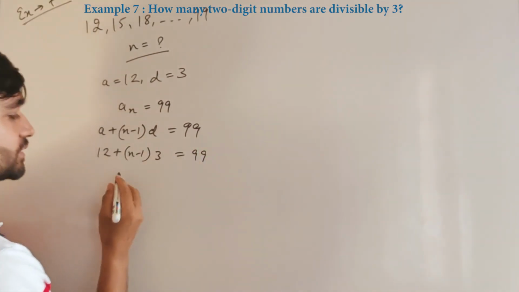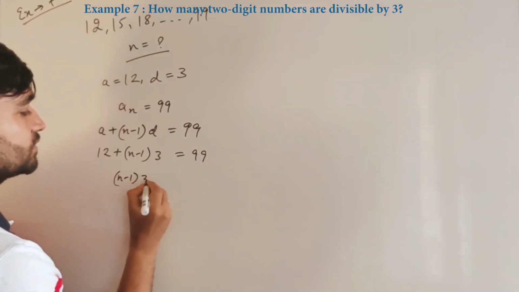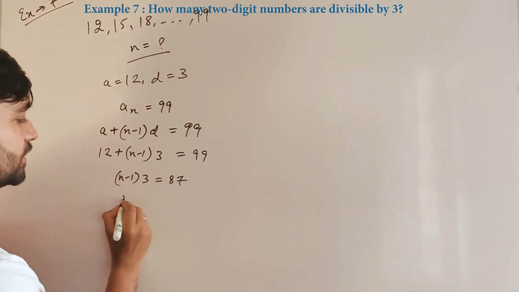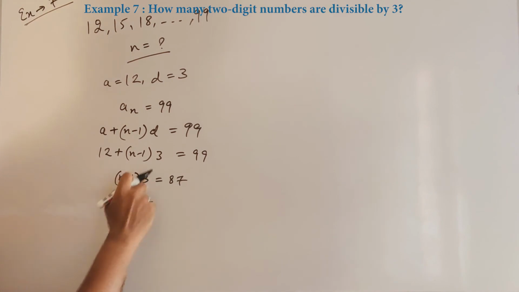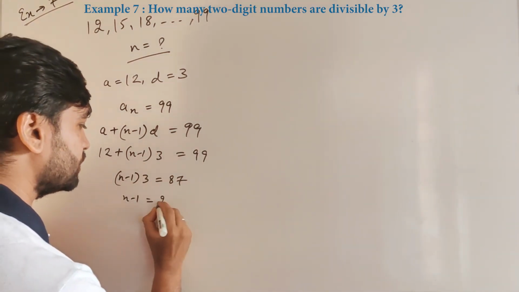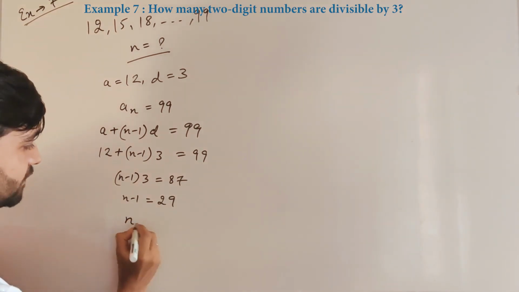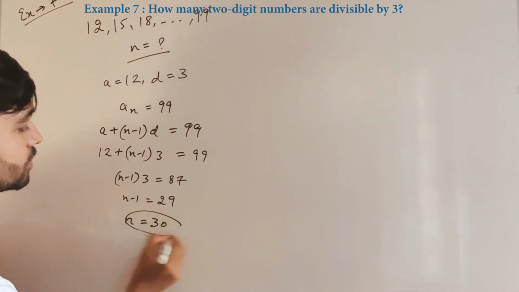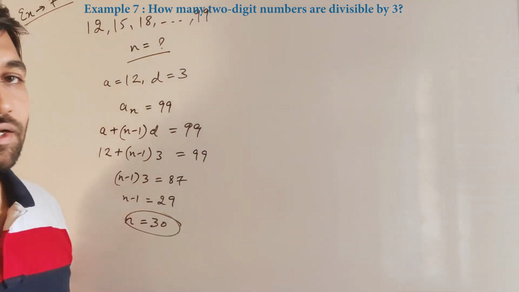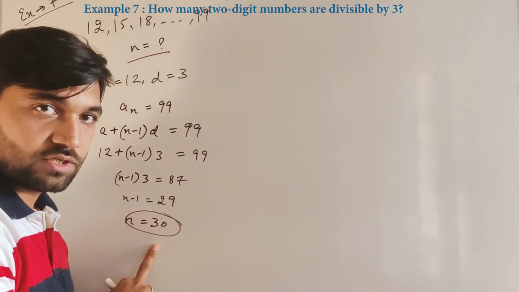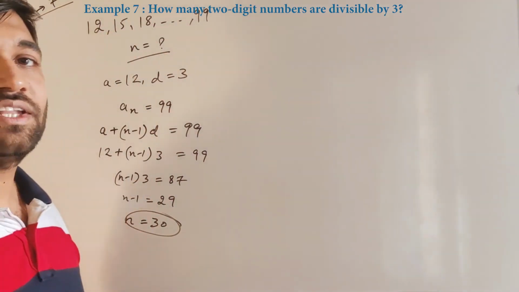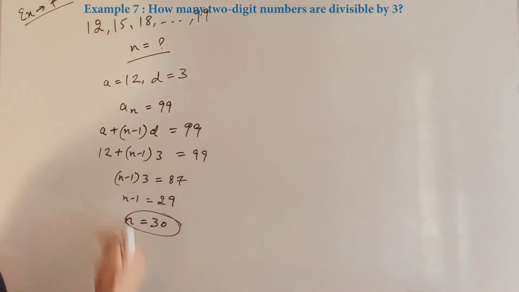This 12 I take to the other side, so n minus 1 into 3 equals 99 minus 12, which is 87. 3 is in multiplication, so when it goes to the other side it becomes division. 87 by 3 gives you 29, so the n value is 30. So 99 is your 30th term, and there are in total 30 terms in this sequence.